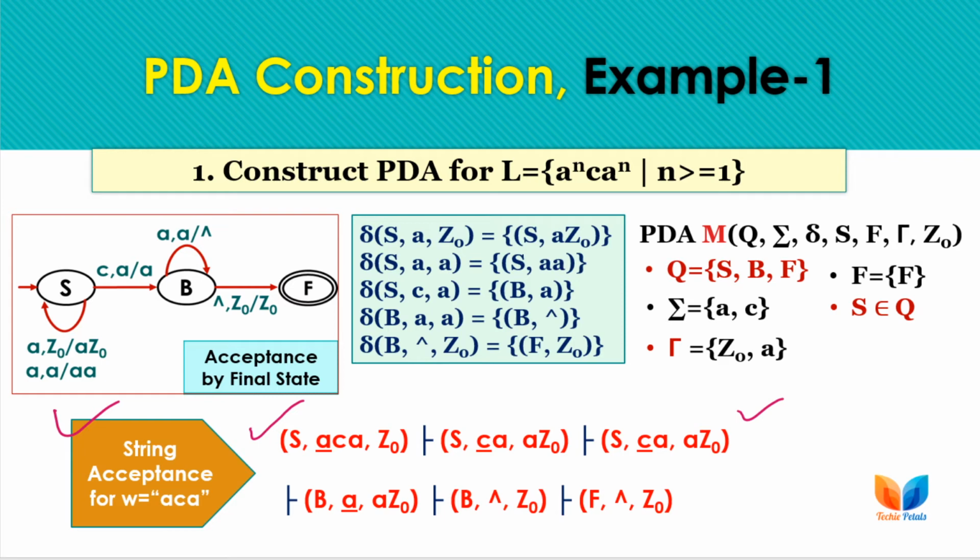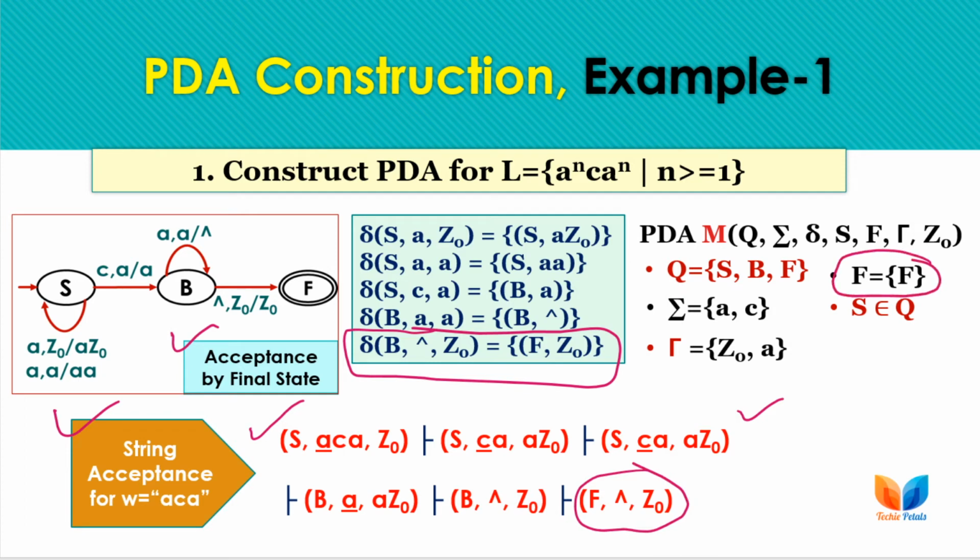Next, this is the case for acceptance by final state, but if we have acceptance by empty store, then in that case we have to make a few changes to the final transition and also to the final ID, and we will not require a final state anymore.